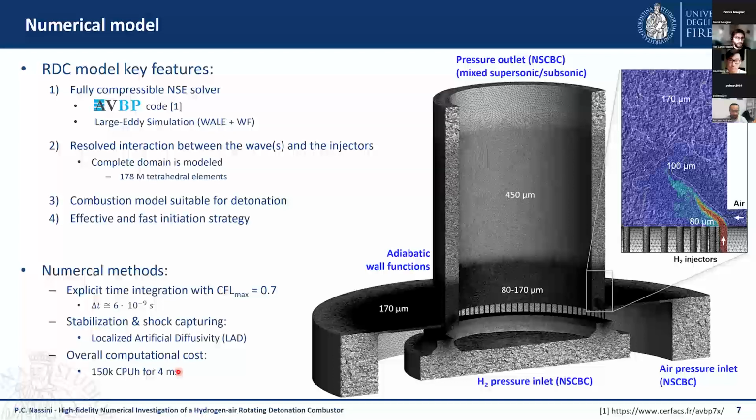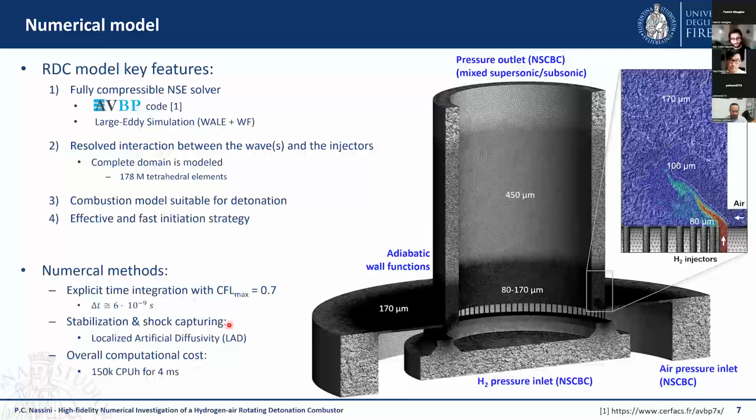Our numerical method is summarized very briefly here at the bottom of the slide. Basically, we are integrating in time with an explicit algorithm, imposing a maximum CFL number inside the domain of 0.7, and this is giving a time step which is around 6 nanoseconds inside the simulation.